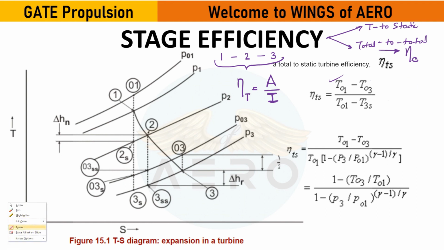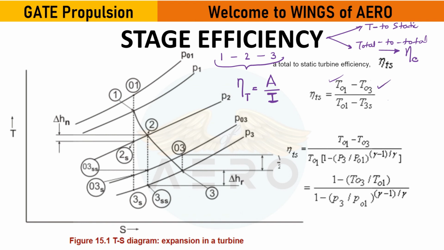So this is another important note: as the flow gradually moves across the stator to rotor, the temperature gradually decreases. T01 is the point where we'll have the highest, peak temperature. So that's why T01 minus T03.